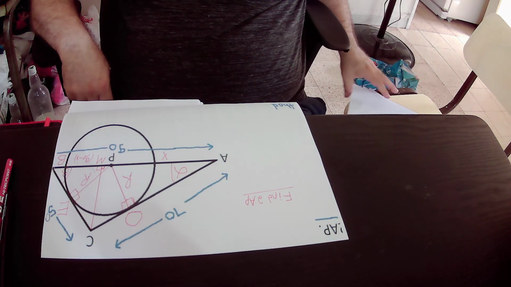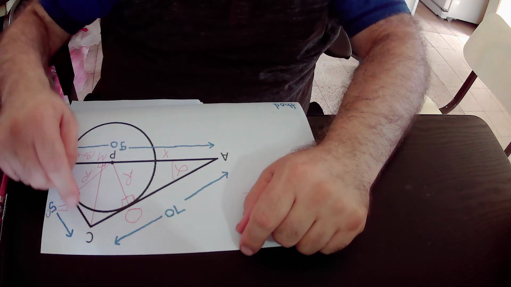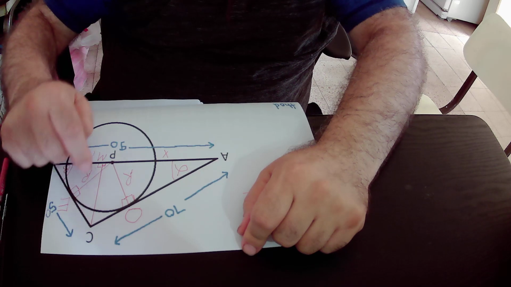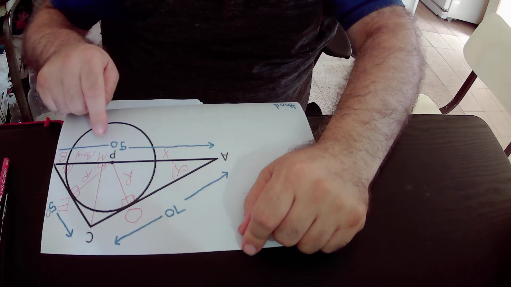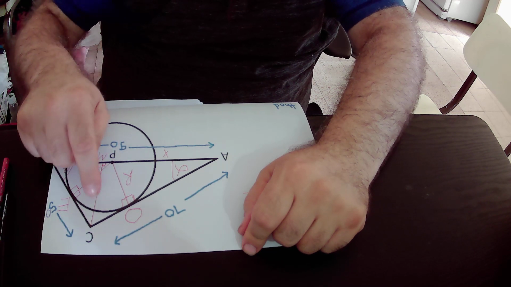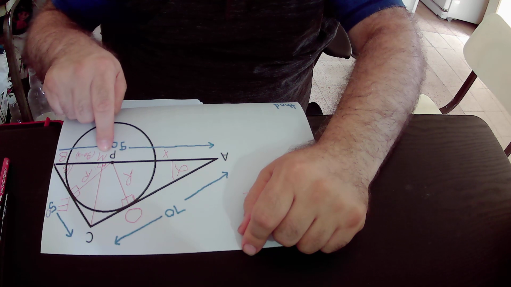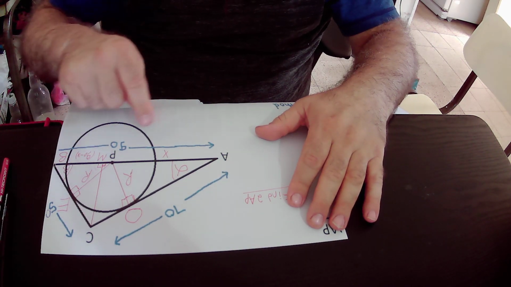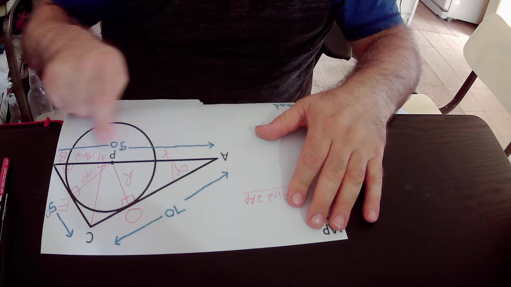Okay, so the next step we actually draw from point C perpendicular to side AB of the triangle, and we call the touching point between the perpendicular and side AB M, capital M. So the line CM is perpendicular to side AB of the triangle.